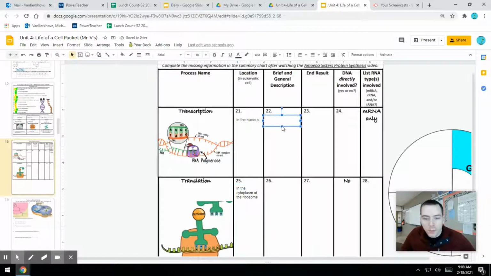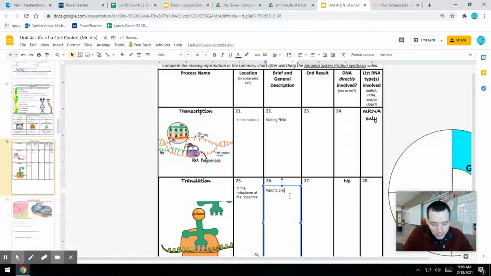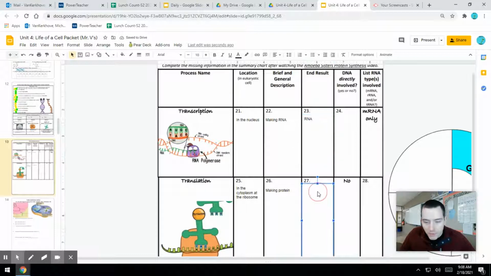And so transcription is making RNA. Translation is making protein. So the end result of transcription is RNA, and the end result of translation is protein.